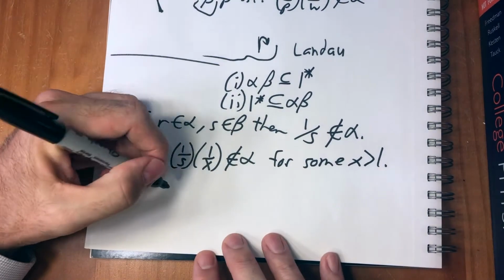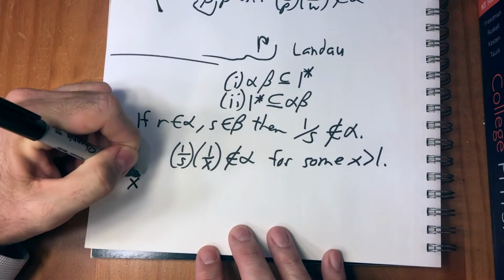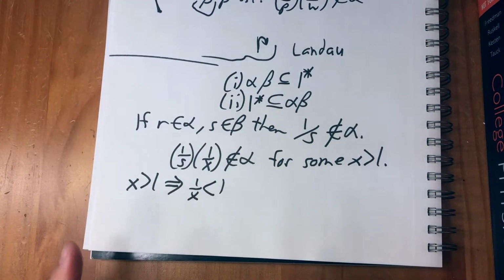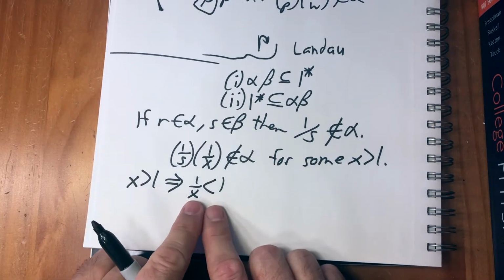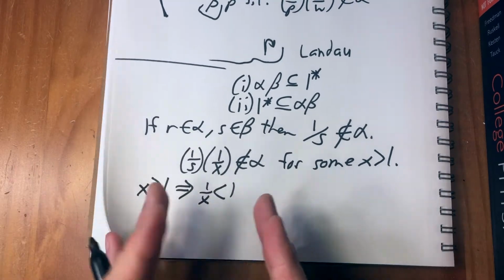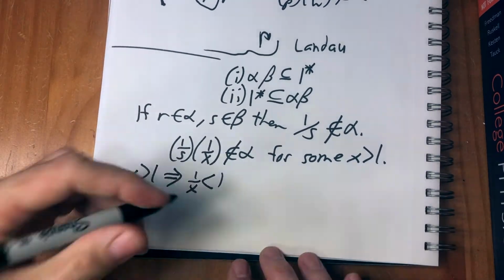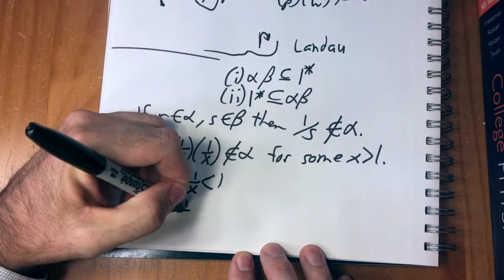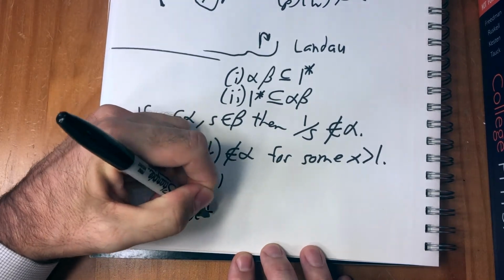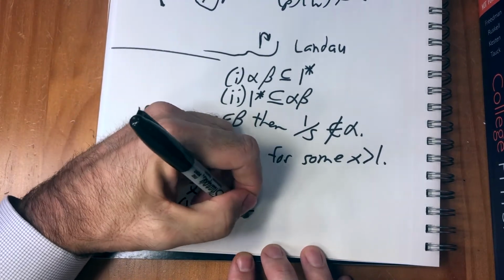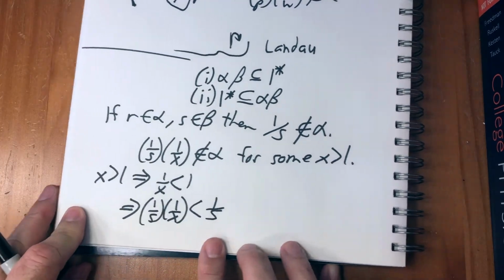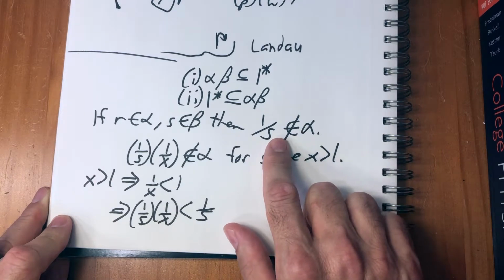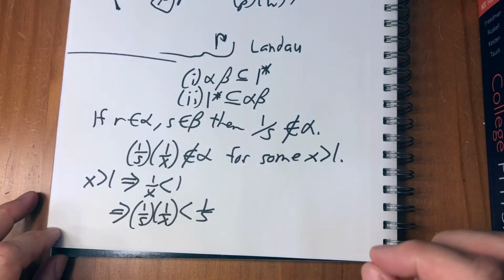So if x is greater than 1, then 1 over x is less than 1. That means if we multiply something by a number smaller than 1, it's going to be smaller than what you're multiplying. So that implies that 1 over s times 1 over x is less than 1 over s. That means that 1 over s is not in alpha by b.